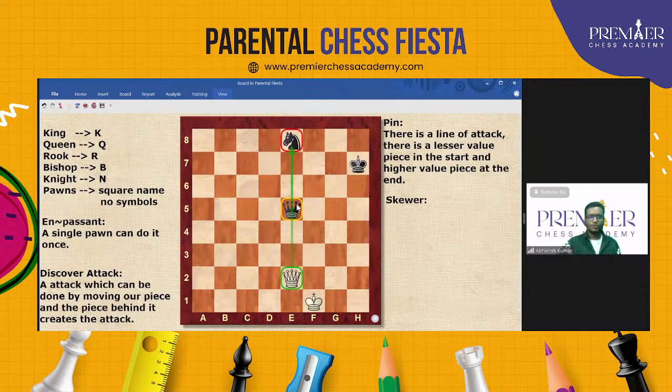Okay, so this is what a skewer is, in which the higher value piece is always in the front and there's a lower value piece at the back. In simple words, we say a skewer is a line of attack in which the lower value piece is behind the higher value piece.